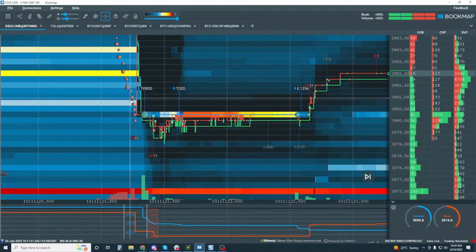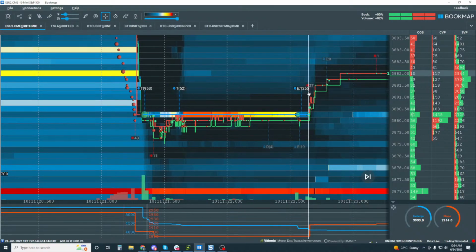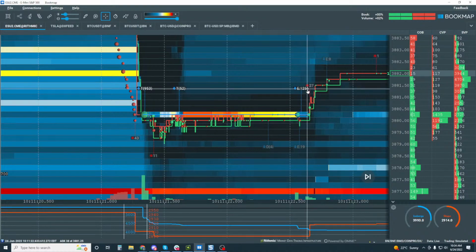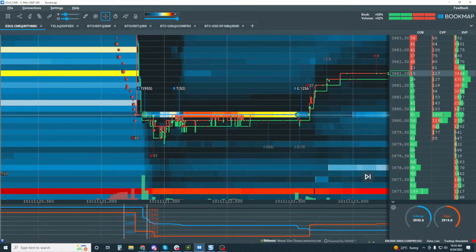After like 1300 got filled here, another 1255 got filled here, plus 1400 plus another couple hundred. So we're looking at 1435 got filled in here as well.